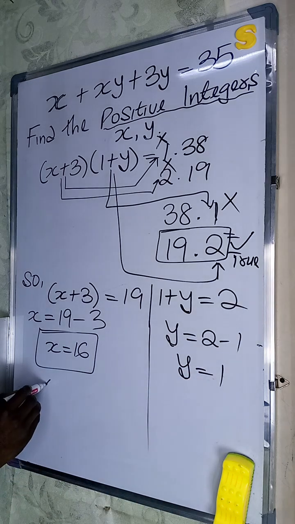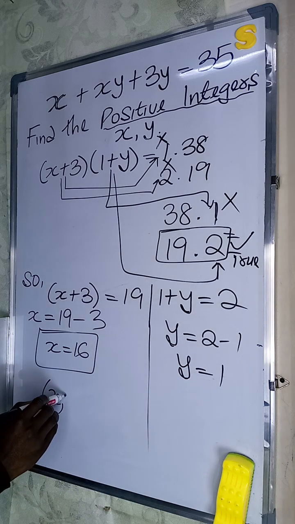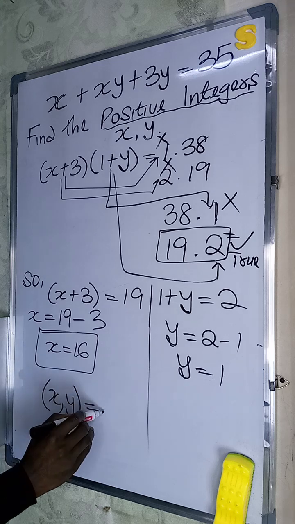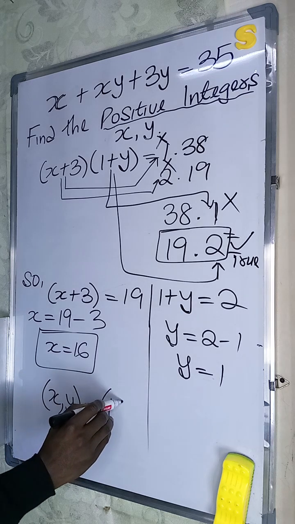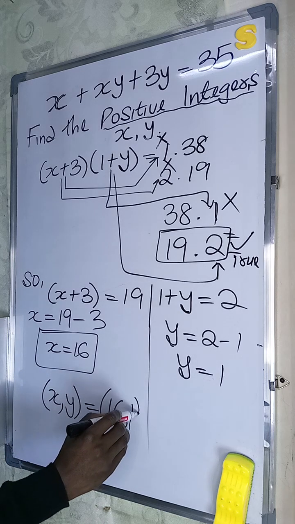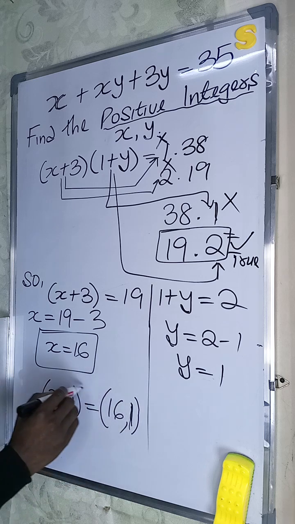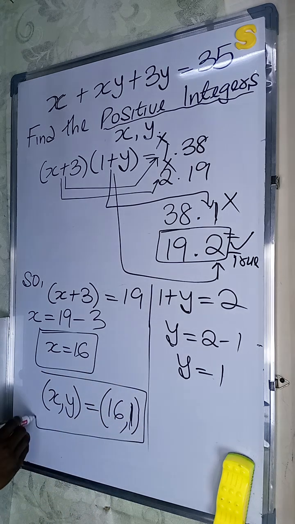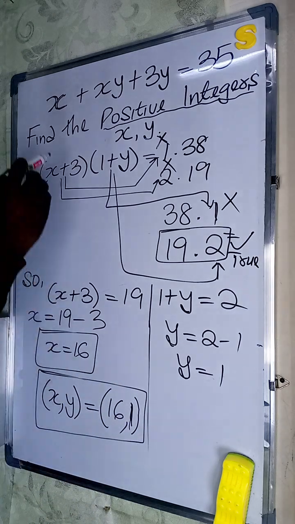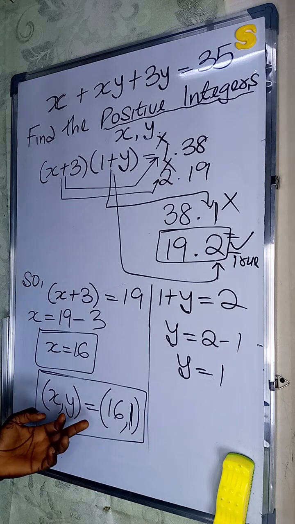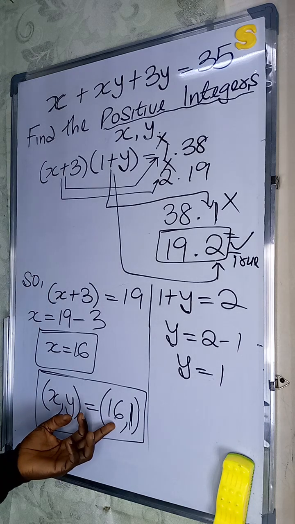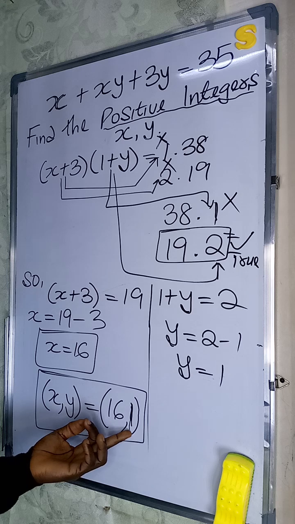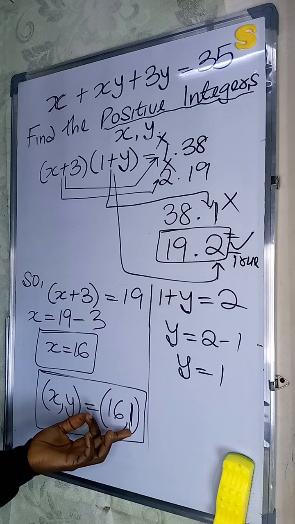So the value of x comma y is 16 comma 1, and that is the solution to the expression given to us. So x and y are positive integers, 16 and 1 respectively.